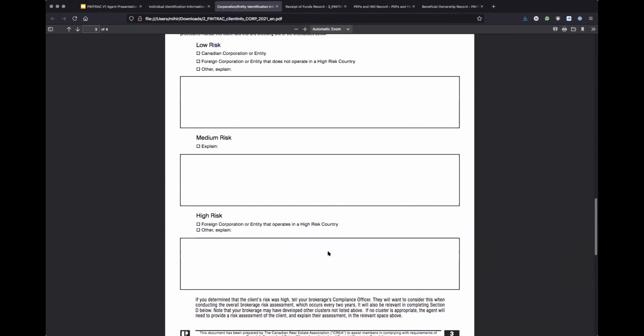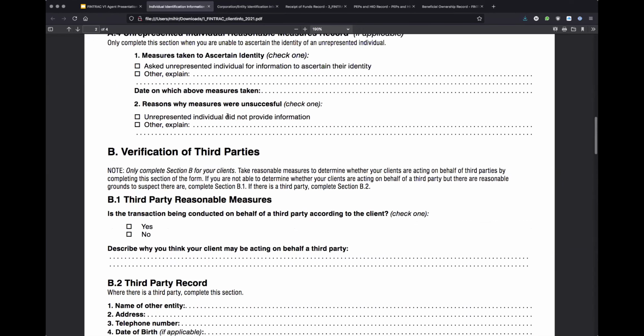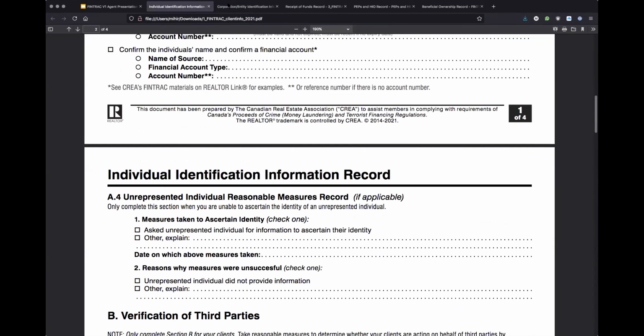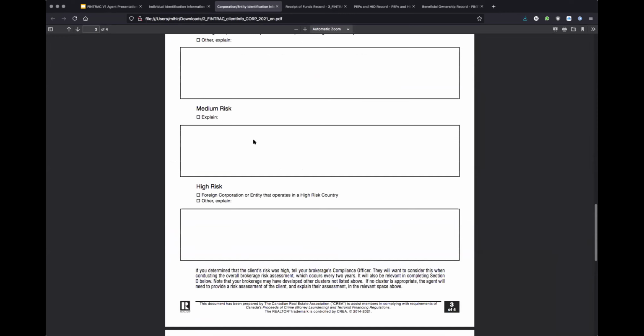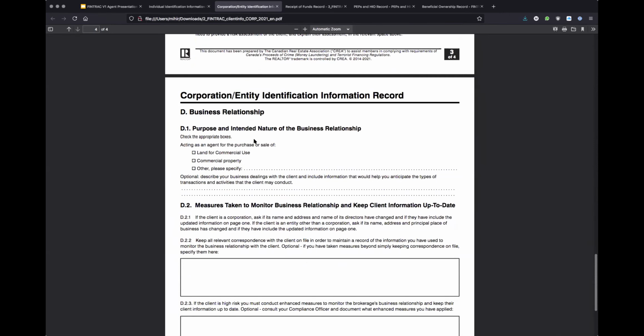Now, when I, as a compliance officer, receive a high-risk corporate entity form or individual identification form, I am required to escalate this to Fintrac. There is an electronic reporting method that we have access to, which I have to submit these forms to. So there is a multi-level reporting process. You report to me, I report to Fintrac, just so that you're clear on that process.